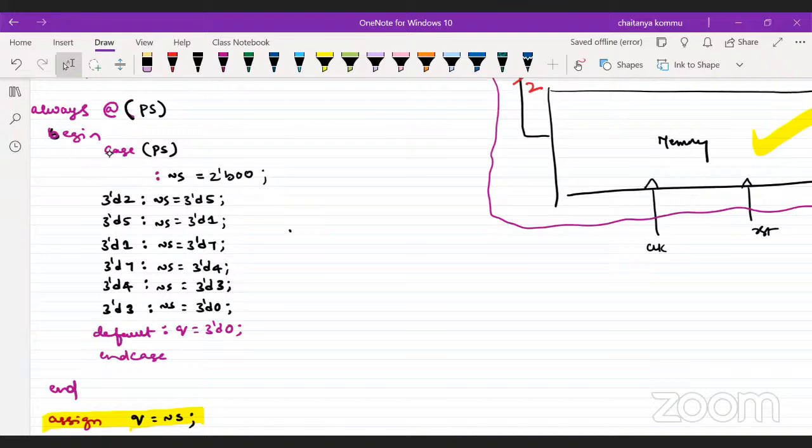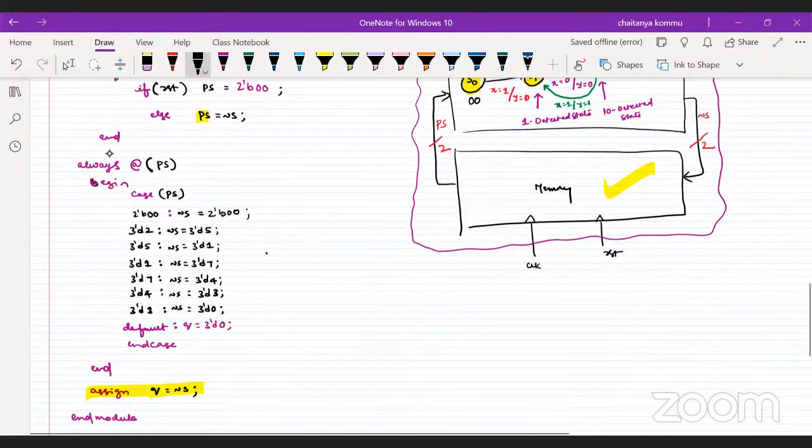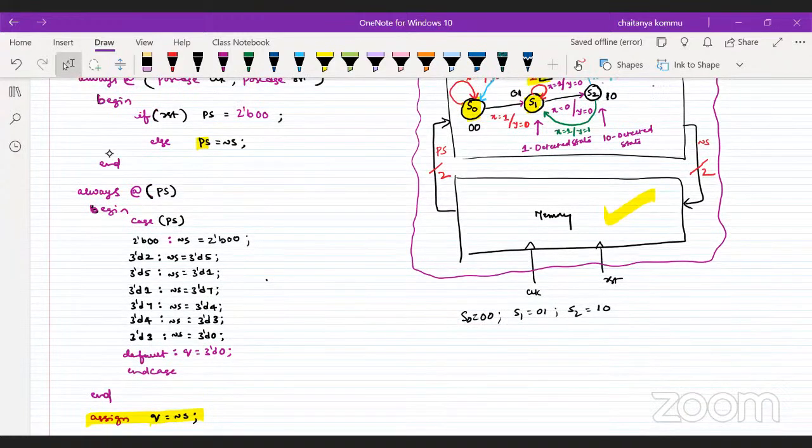Hence if you are in S0, next state should be 2-bit of 0, 0. For all other cases, that means there is a 4th state also, maybe the 1, 1 state. For all these cases, what is the next state? NS is equal to 2-bit of 0, 0.